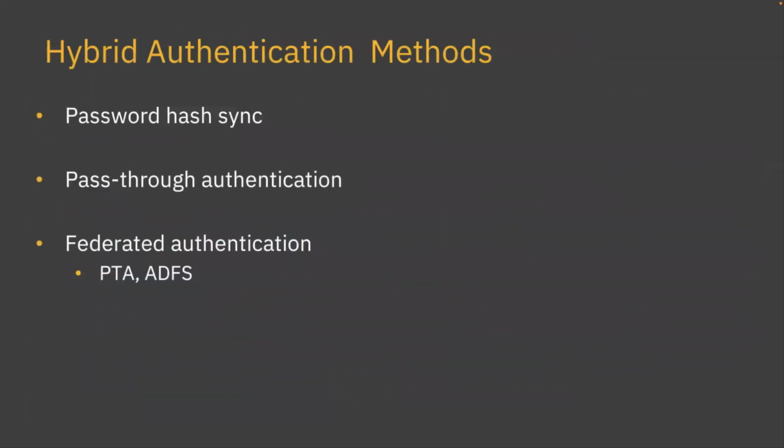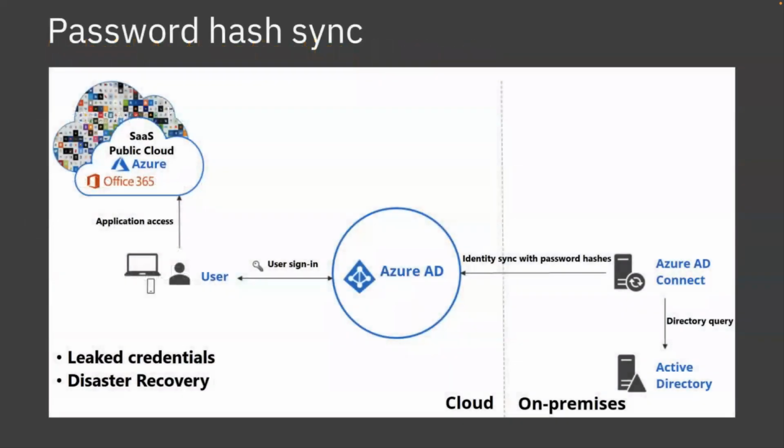So when we connect to Active Directory, we use Azure AD Connect, and users can authenticate using password hash sync, pass-through authentication, or federated authentication, for example, ADFS, and so on. So password hash sync basically works like this.